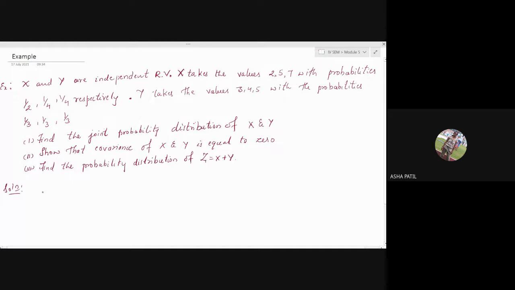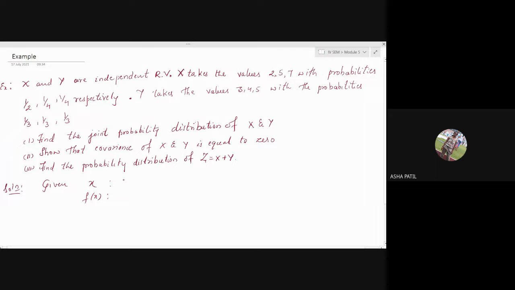Let me write the given data first. The marginal distributions are given to us, right? Probabilities are given. X will take the values 2, 5, 7, and the corresponding probabilities are given. We'll write f of x.